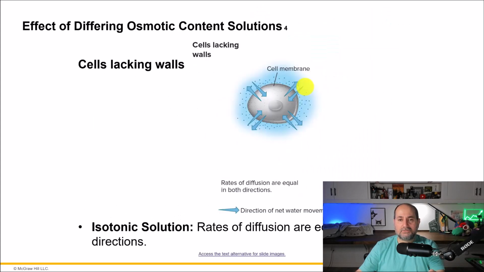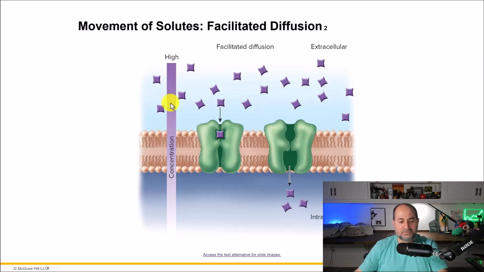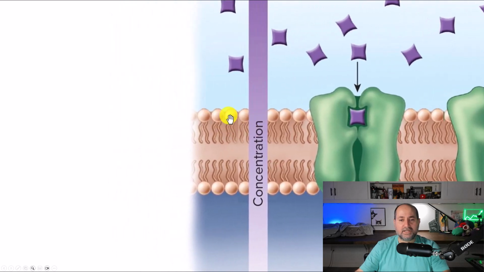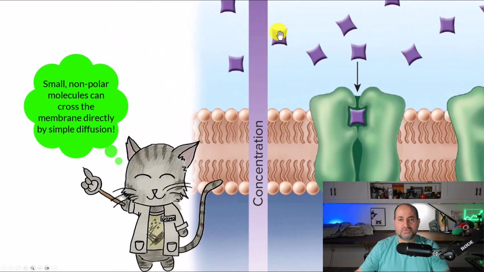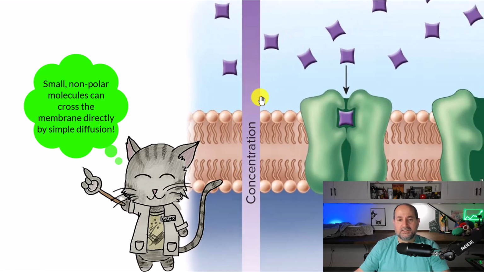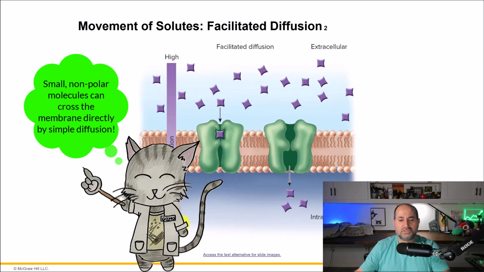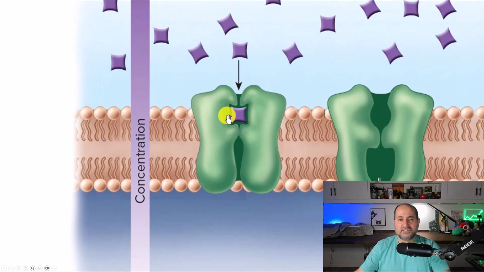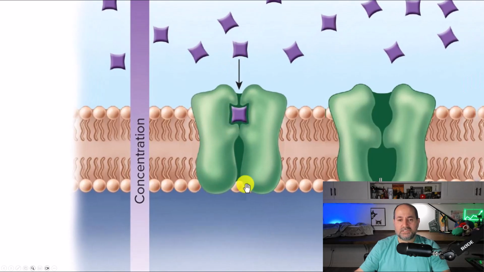So let me show you exactly what I'm talking about. Look at this. Let's pretend this is the cell's membrane in brown, okay? If a substance moves from high concentration to low, and it crosses the membrane directly like this, if these purple structures were to cross directly across the membrane, that's just called simple diffusion, which is a type of passive transport. However, remember what I said, that water needs a protein to cross?